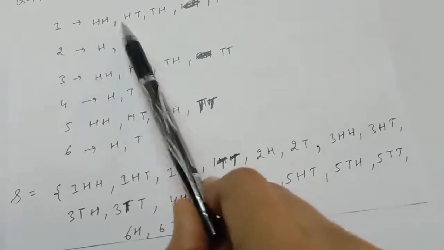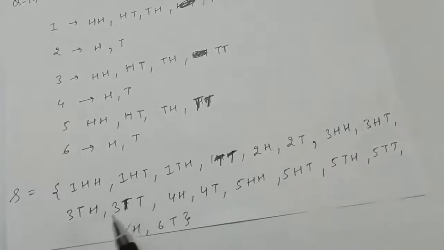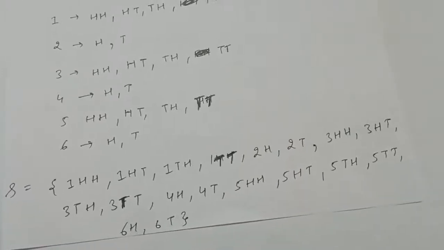Now write down the sample space: 1HH, 1HT, 1TH, 1TT, then 2H, 2T, then similarly with 3HH, 3TH, 3TT, 3HT, right? And the rest also you can write down like this only.